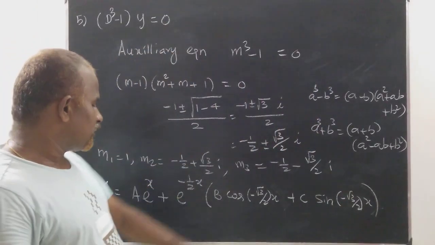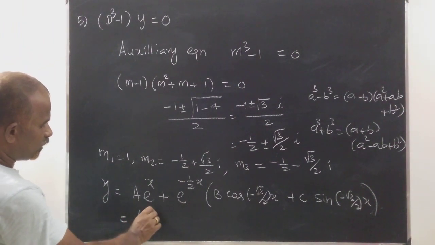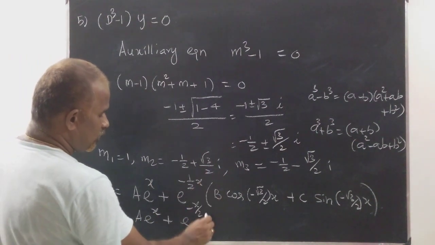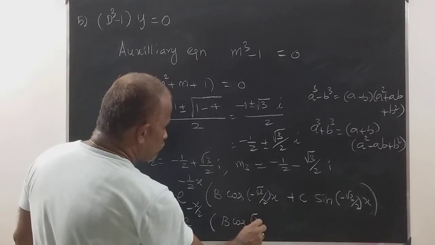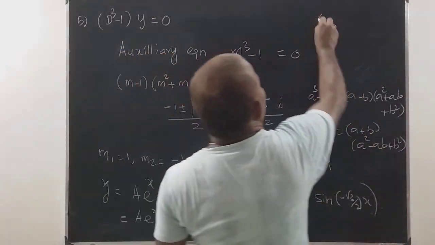Cos of minus theta is equal to cos theta. So therefore again I can write a into e power x plus e power minus x by 2 into b cos root 3 by 2 x.